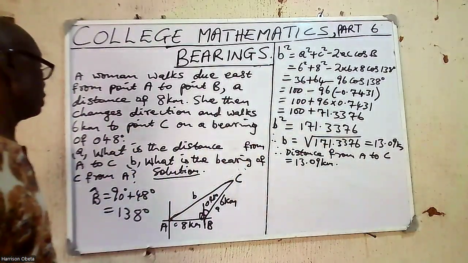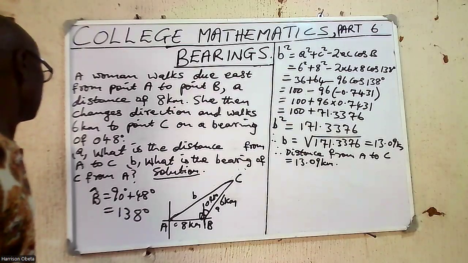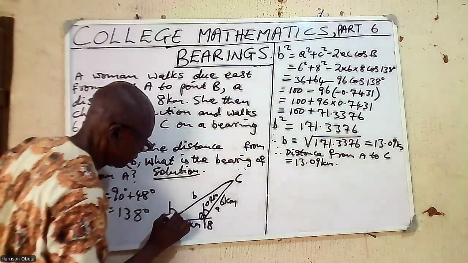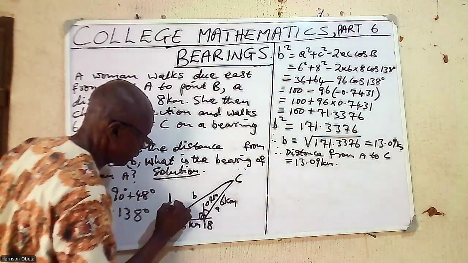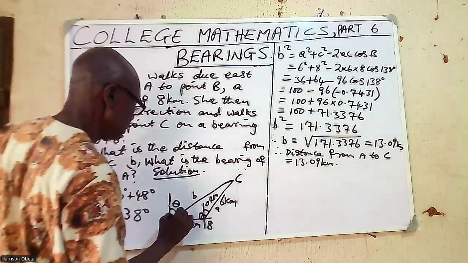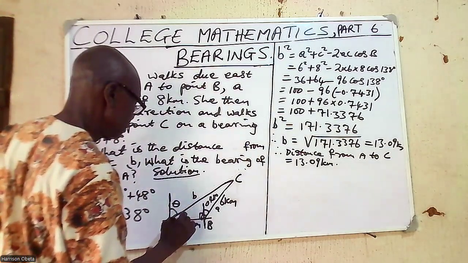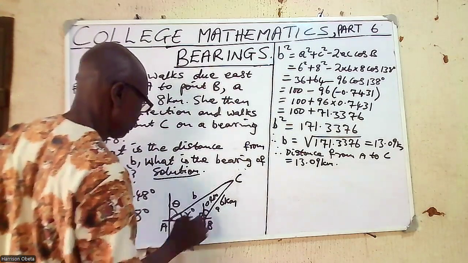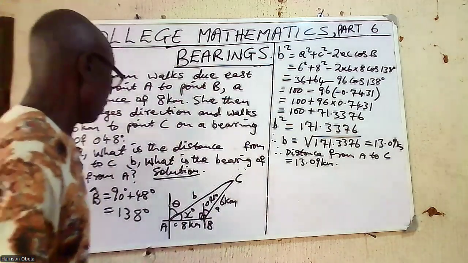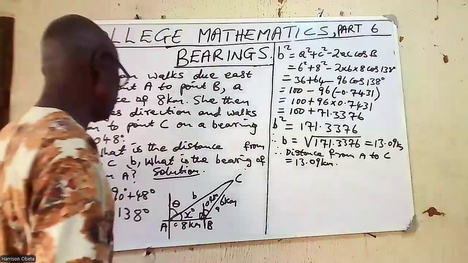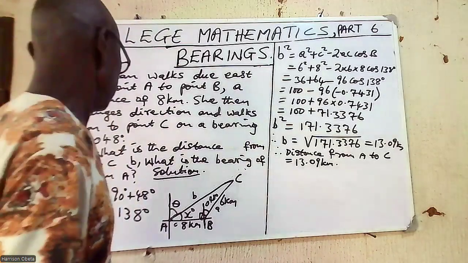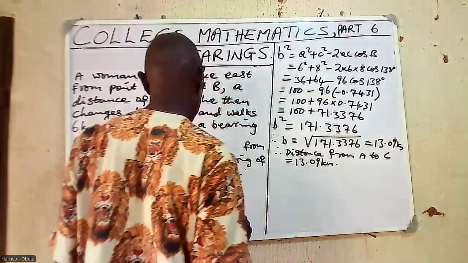Then the next thing is, they asked, what is the bearing of C from A? The bearing of C from A should be this. So let us take this theta to represent that. For us to get this, we need to find this one. Let us call this x degrees. We need to find that and then subtract from 90. So what do we use to find this angle? We can use the sine rule.